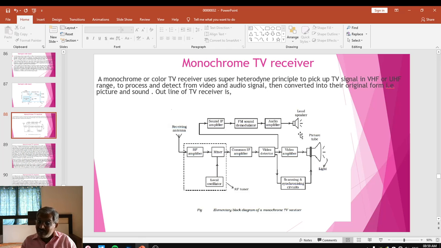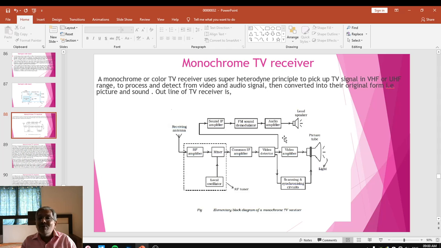When the audio electrical signal comes to the speaker, meanwhile the synchronizing pulses are separated into horizontal and vertical sync pulses, and those are applied to the horizontal and vertical deflection system of the picture tube, which are introduced at the end of every horizontal trace and also at the end of every odd and even field where the vertical retrace begins.